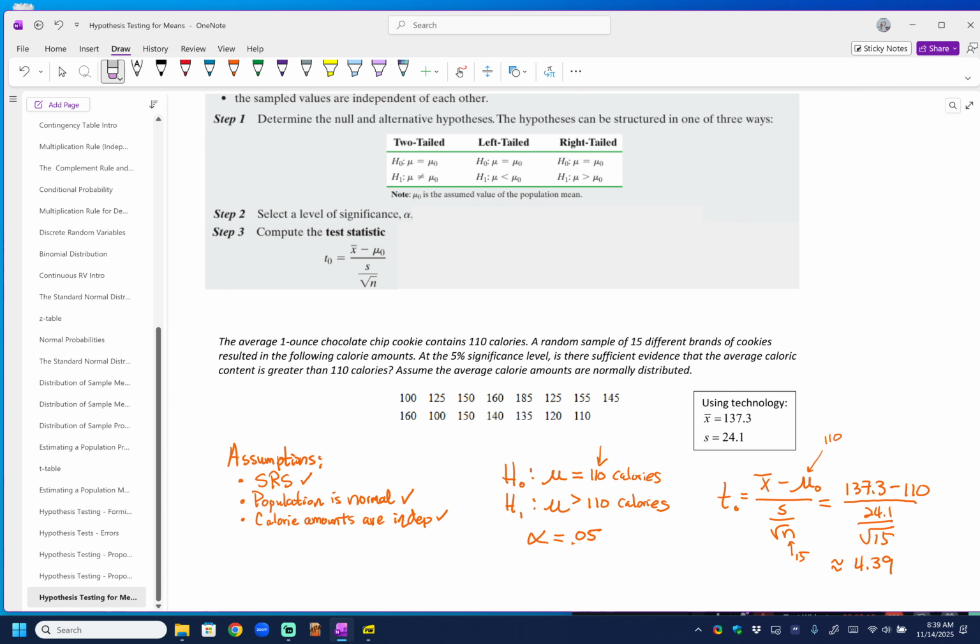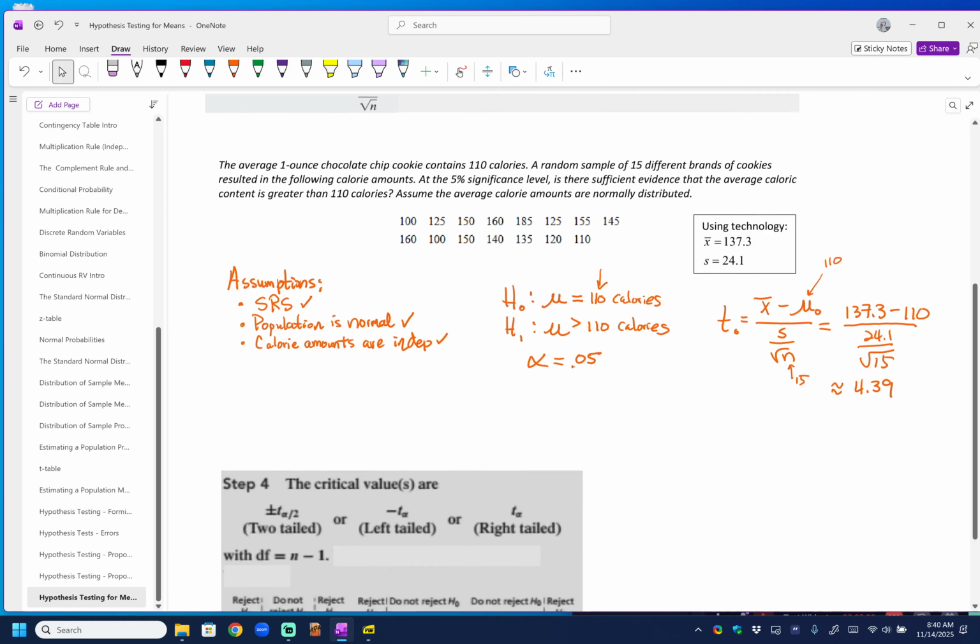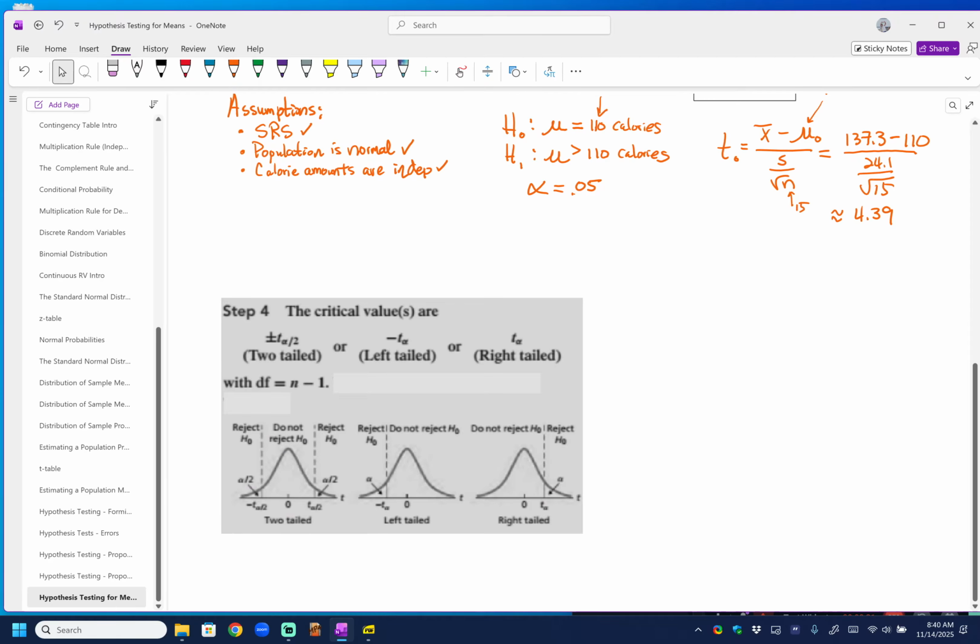So for mean tests, you do have the option of the critical value method and the p-value method. I will explain later why the p-value method can be a bit challenging to pull off with t-distributions. So we'll start with the critical value method, which is pretty straightforward. You're going to see here that this graphic is very similar to the graphic that was for proportion z-tests.